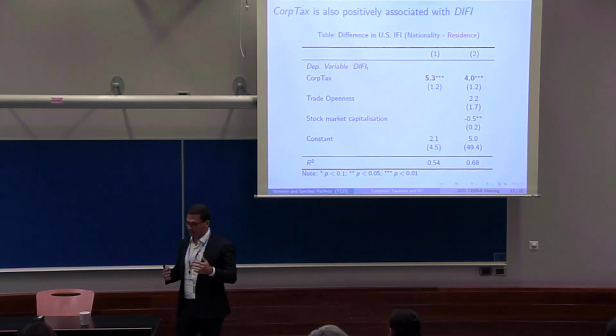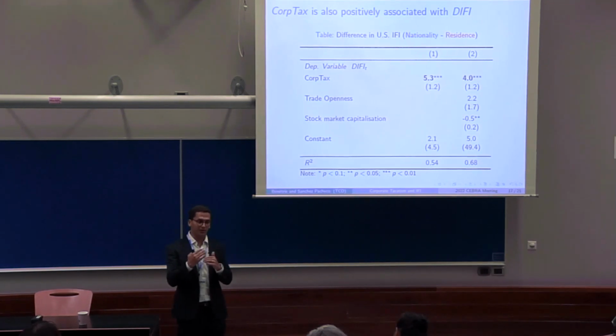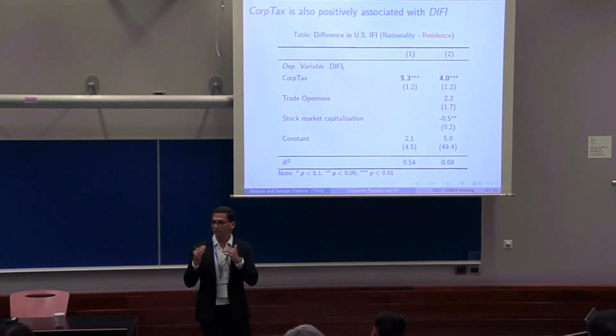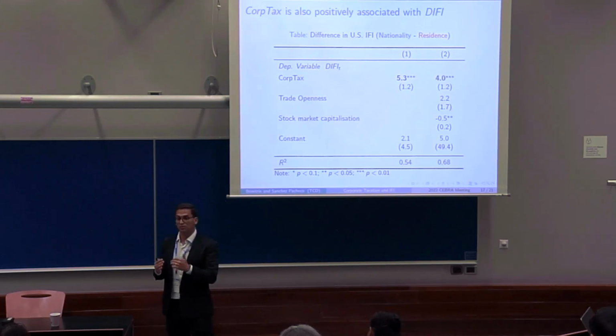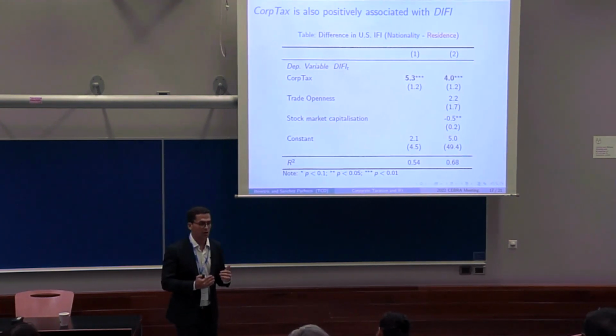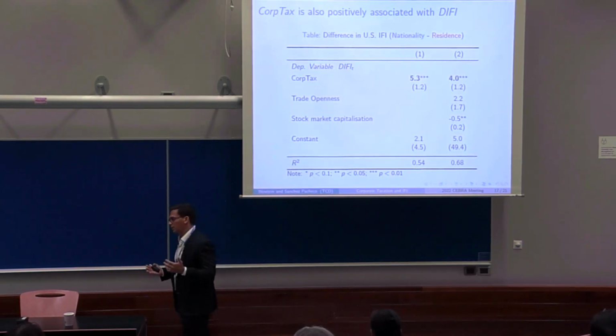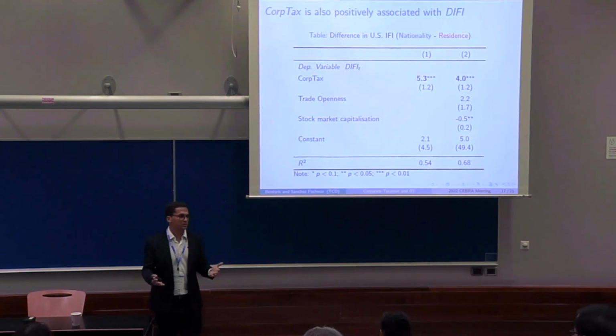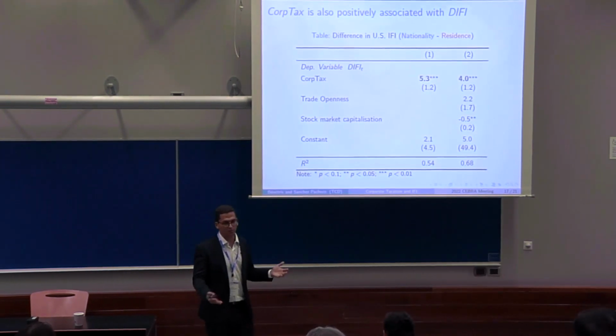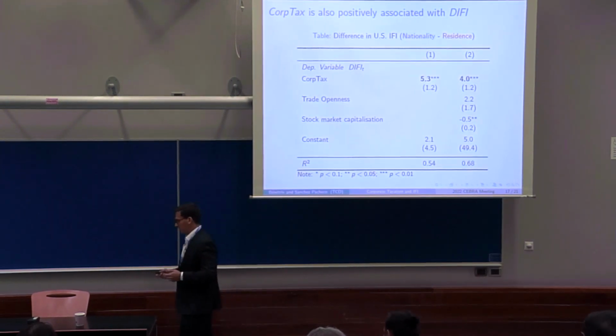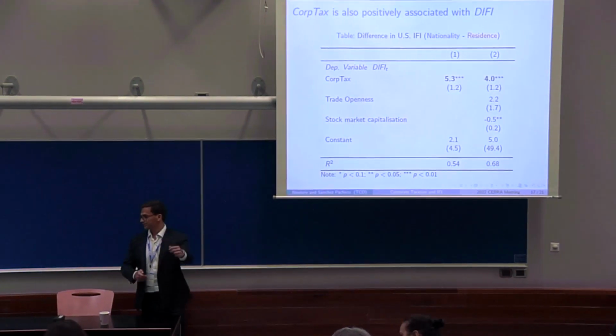This result is telling me that the difference between the two measures of IFI, which is the part of US international financial exposure that is not captured by the residence-based approach, is positively correlated with the corporate income tax differential. Now, this can be because of activities of multinational enterprises or something else. So we need to somehow try to check or test that.